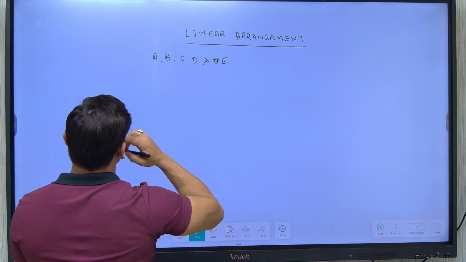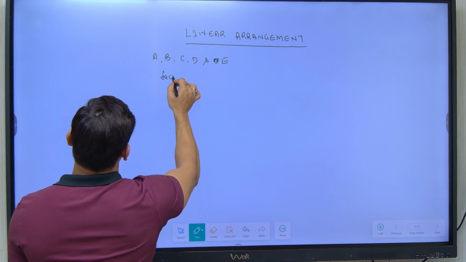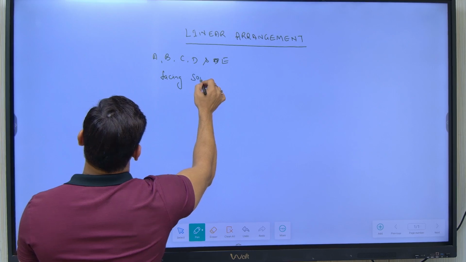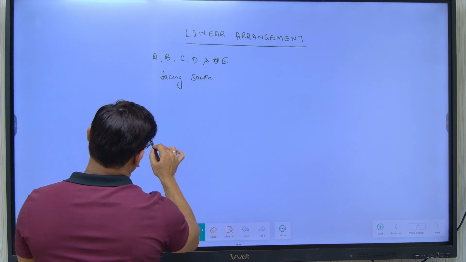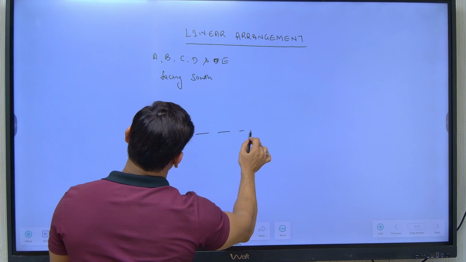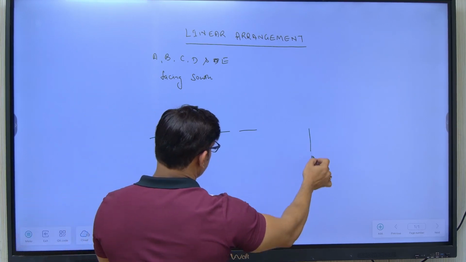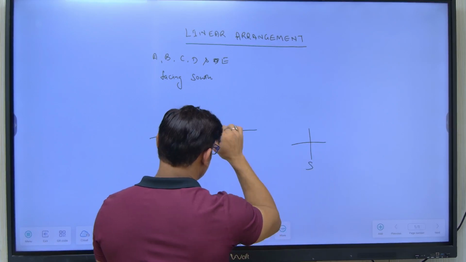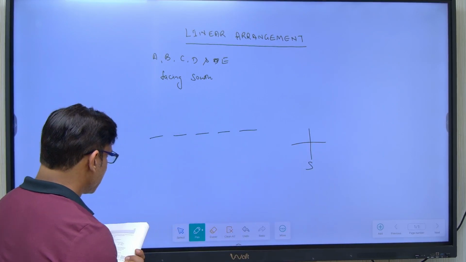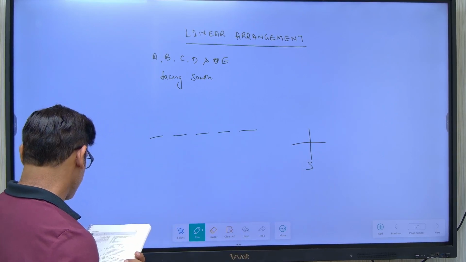They are standing in a row, so 1, 2, 3, 4, 5, and facing south means they are facing this direction. This is south, so they are facing toward you. Suppose you are standing in front of them and they are facing you.